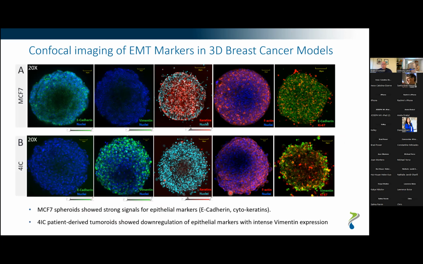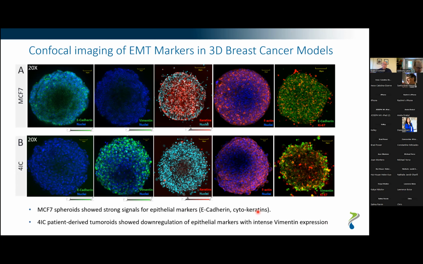And then you have the keratin, the phalloidin F-actin staining, and Vimentin. So it really shows a strong difference between these MCF7 and the 4IC and the transition from epithelial to mesenchymal that we see for the 4IC cells.